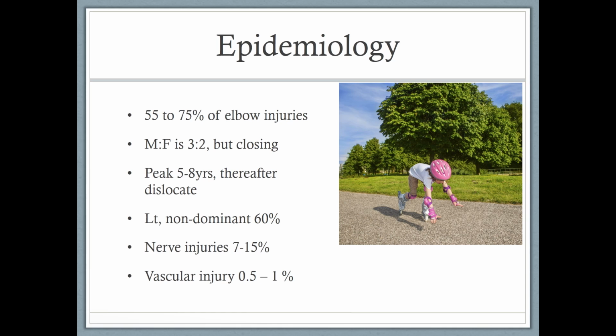Usually the left non-dominant hand. Makes sense to me that you would be holding on as tightly as possible to whatever you're falling out of, and use your non-dominant hand to break your fall. Nerve injuries are quoted anywhere between 7 and 20%, and vascular injuries in about 0.5%.